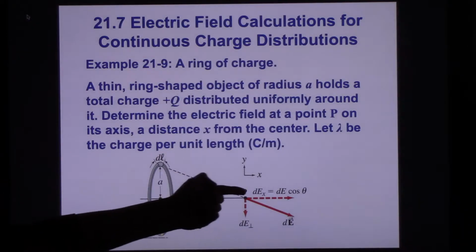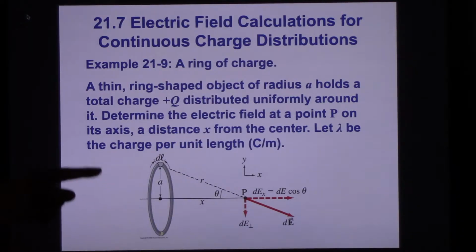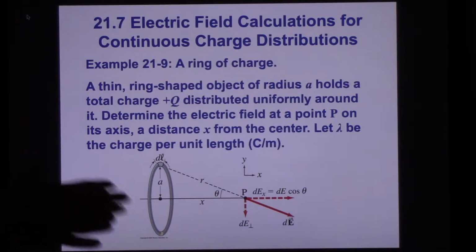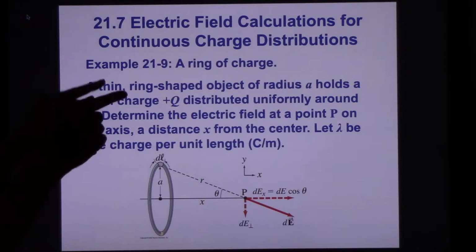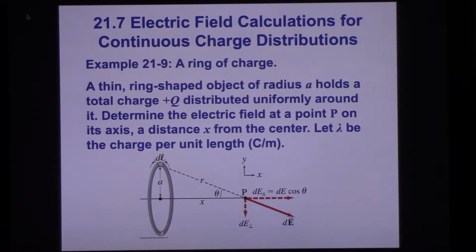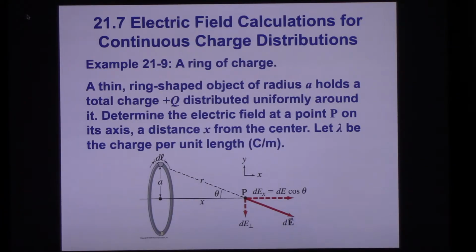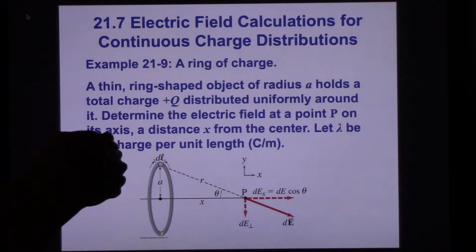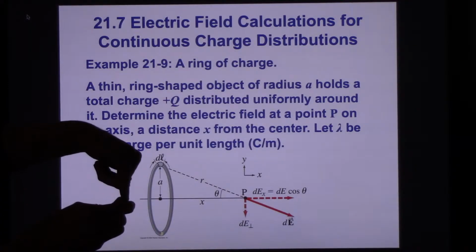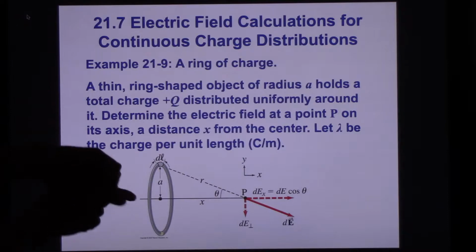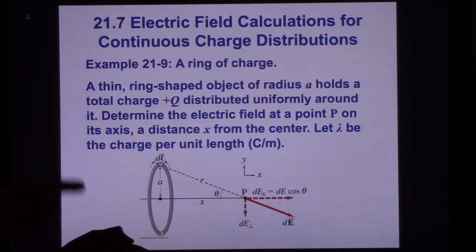Now, the x components continuously add together. All of the x components will add together as we integrate along that loop of charge. But the lateral components, the perpendicular components, they're going to cancel out, because I've got E fields that are of equal magnitude pointing in all possible directions.